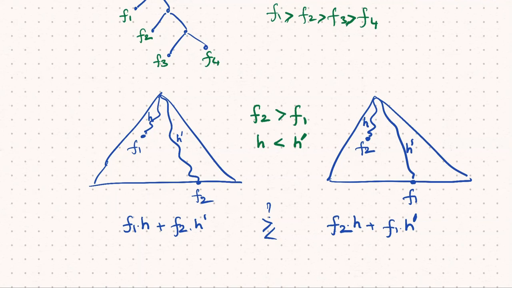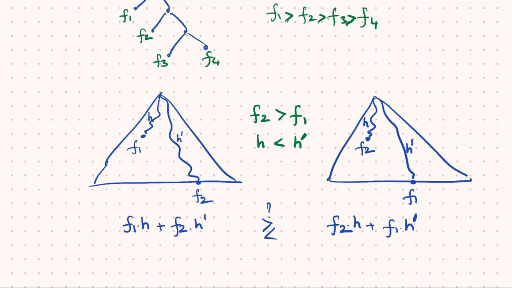F2, the frequency F2 is more and F1 is lower, and height h is lower. Okay. So what we will see in this case is that, in fact, this term is greater than this term, right?